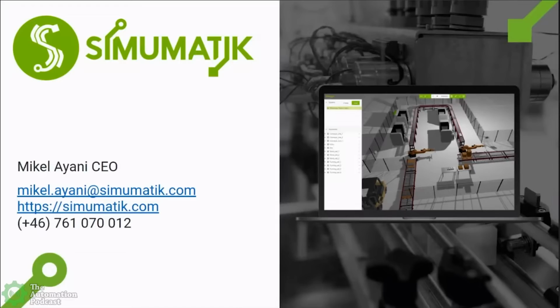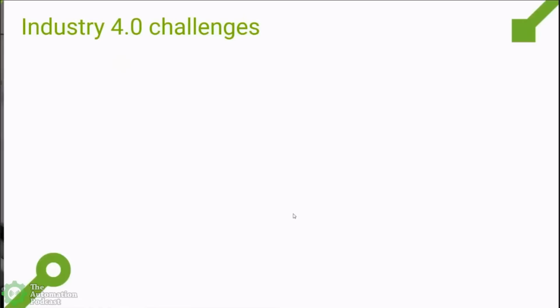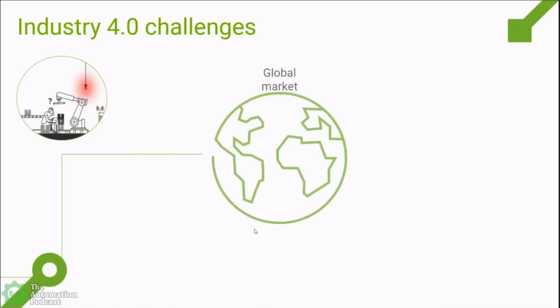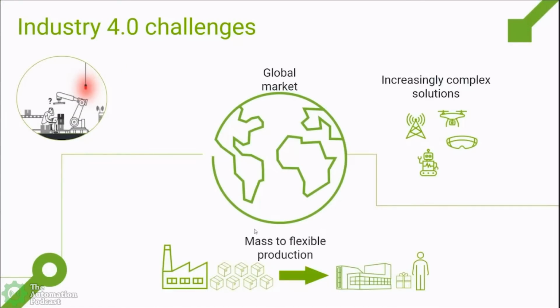Yeah. So at Simumatik we develop this emulation platform, what we call an emulation platform. But you know how it is right now with the industry. We are going through this Industry 4.0 transition, digitalization, a global market transition to a more flexible production and so on.